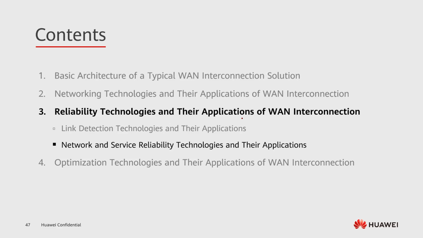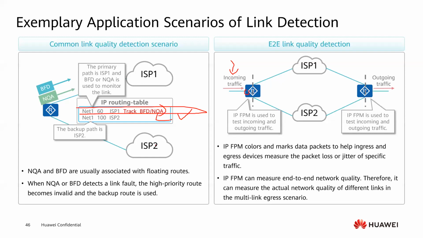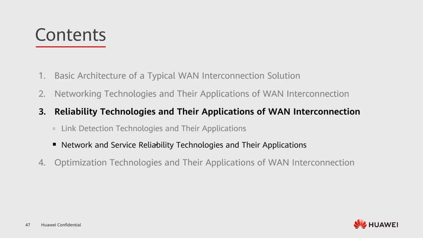Okay, and another topic is network and service reliability. The last part was for detection, so that I can detect whether my network is okay or not, whether it is connected or not. If I detect the network is not so good, what to do?